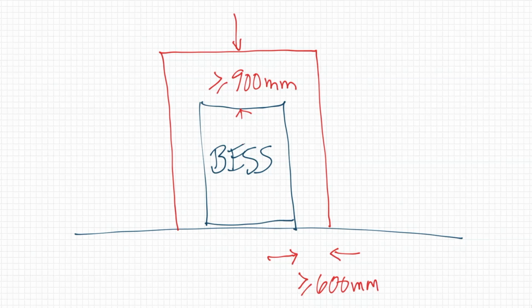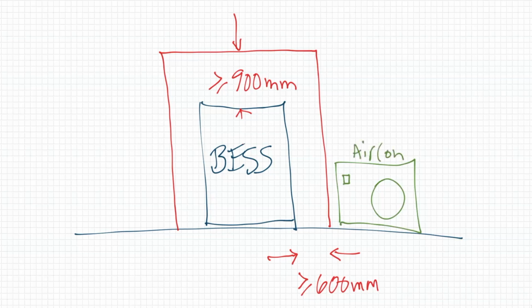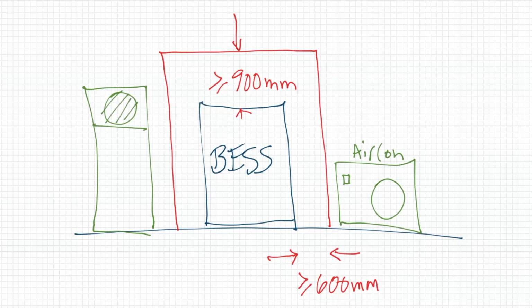It also says that you can't have any appliance within 600 mils, so an aircon, for instance, or a hot water service, etc. But, and this was a question from the other day, you can have equipment associated with the battery energy system. So you may have, for instance, an inverter within that zone.